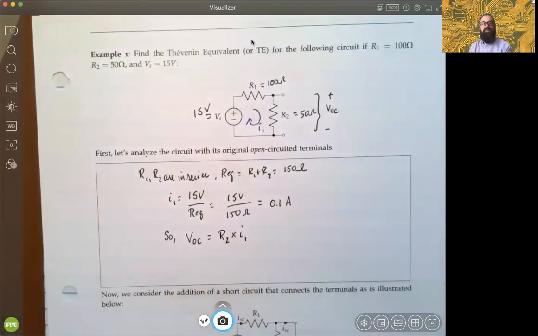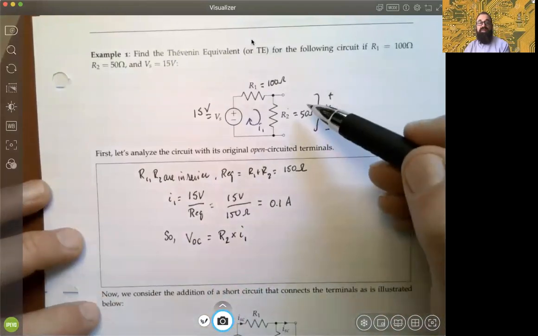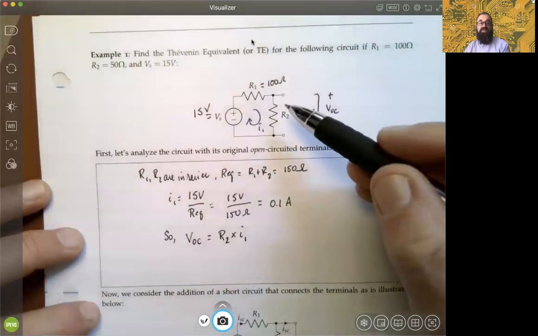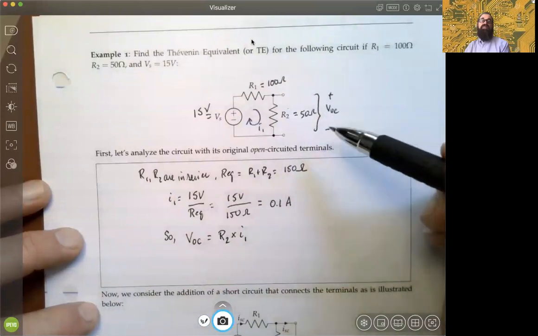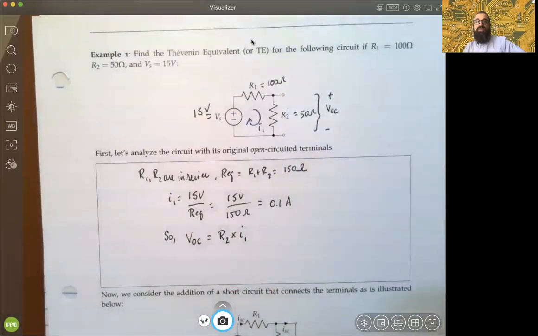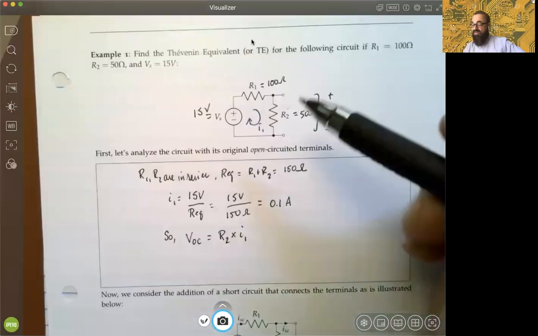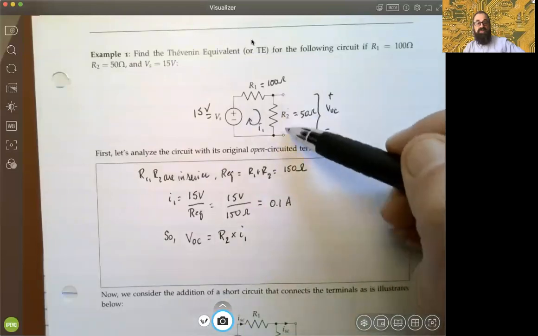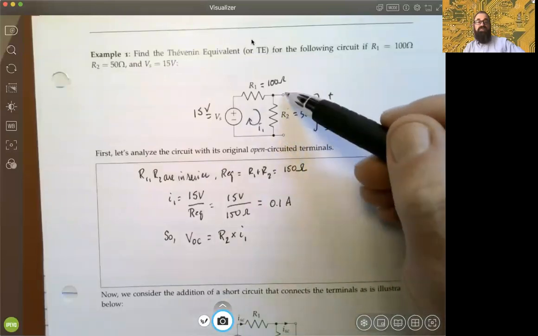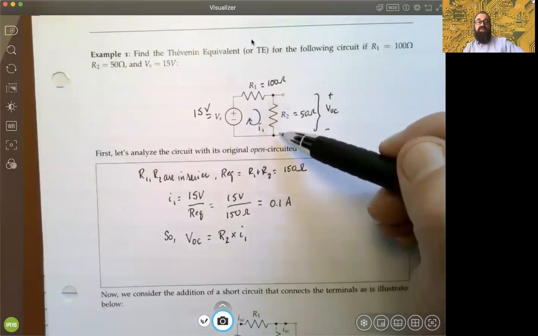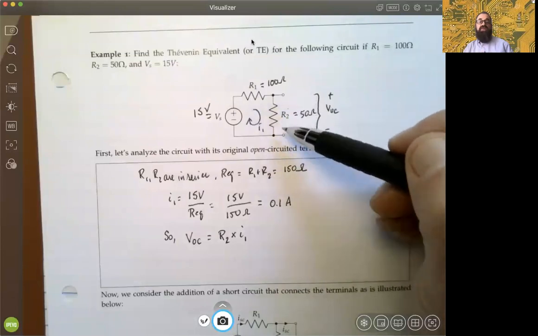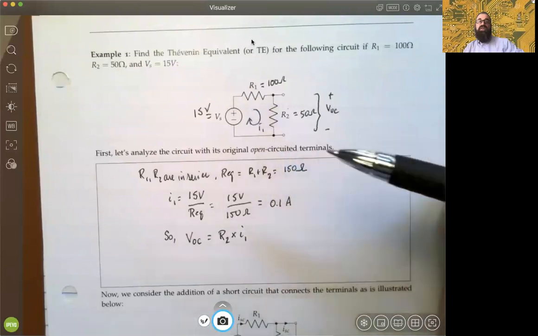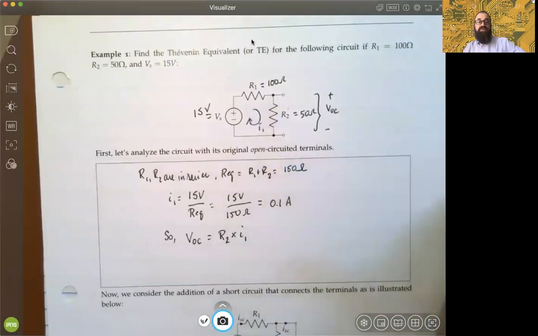Why? Whatever the voltage is across R2 has to be exactly the voltage across VOC, because these two are in parallel, so the voltages must be identical. So even though it's an open circuit there, this voltage has to be the same voltage that is in parallel with it, through R2.